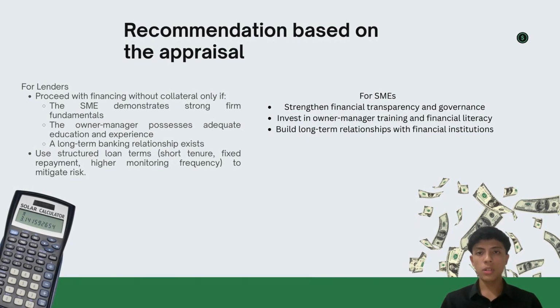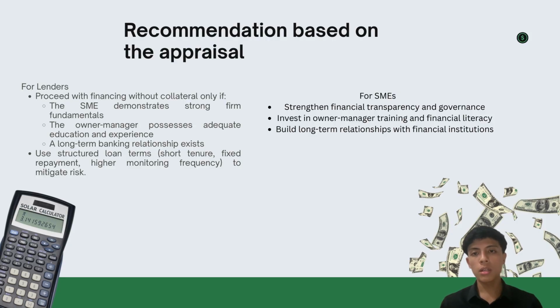This slide shows recommendations based on the appraisal results. For lenders, financing without collateral should only be given if the SME shows strong business fundamentals, the owner-manager has sufficient education and experience, and there is a long-term banking relationship. To reduce risk, lenders should also use structured loan terms.